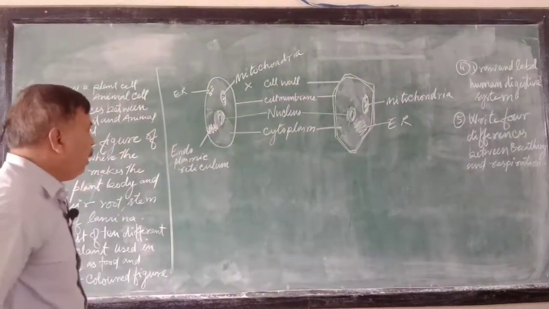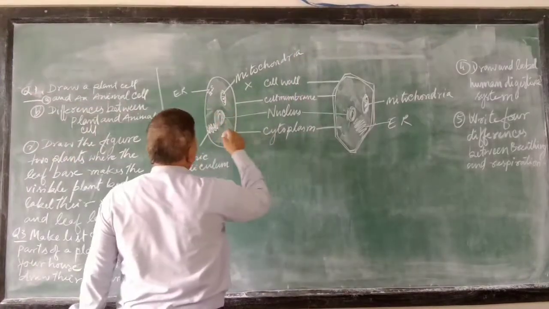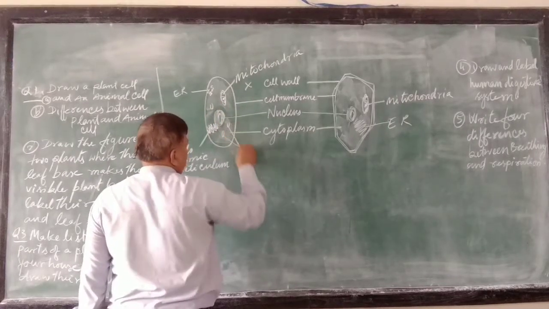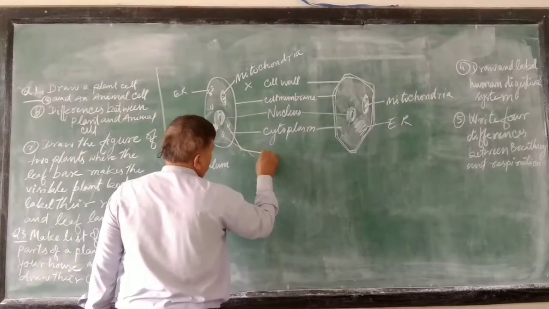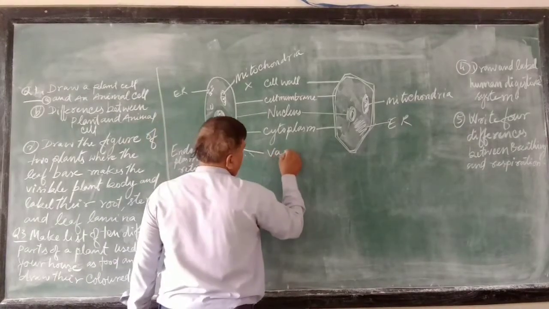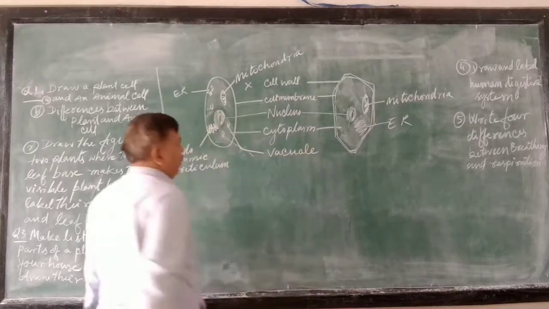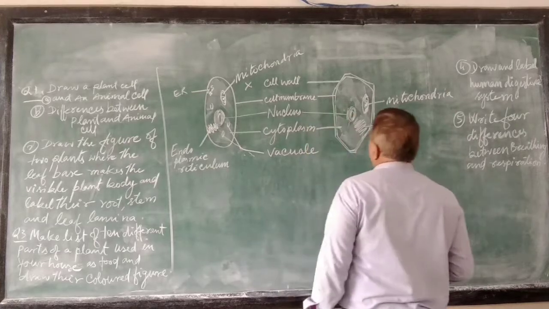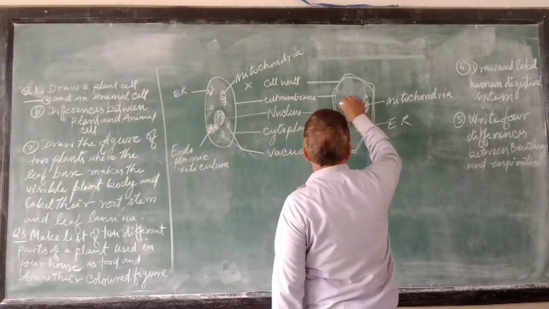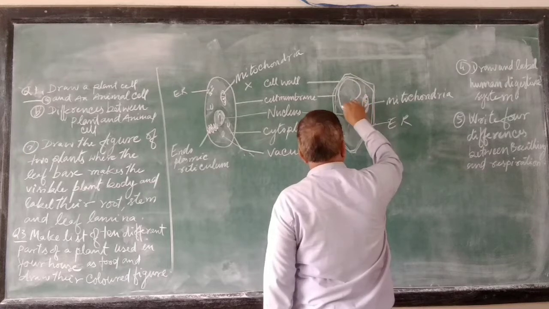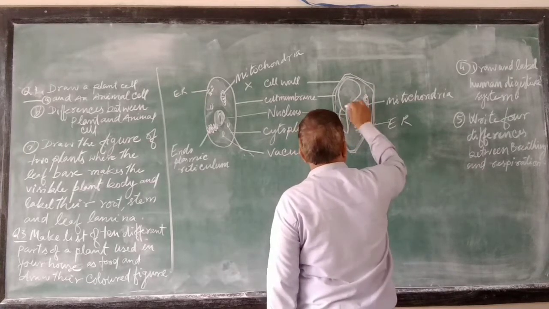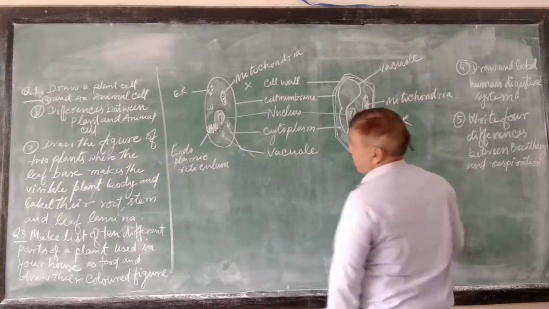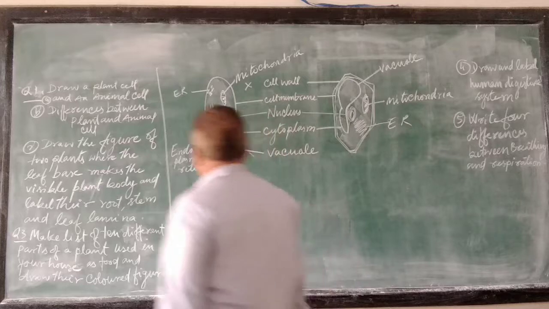Then in this animal cell you see a number of bubble-like structures, and these bubble-like structures are vacuoles. But in the plant cell, though the vacuole is present, the size may be very big. So, this one is the vacuole, clear. The size may be very big.